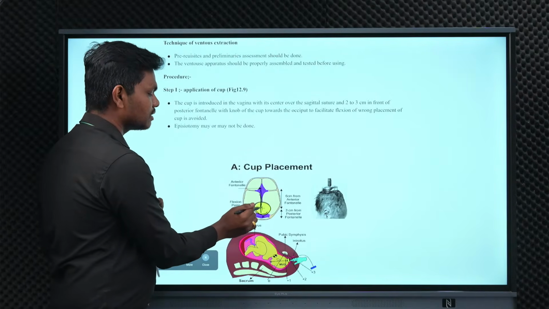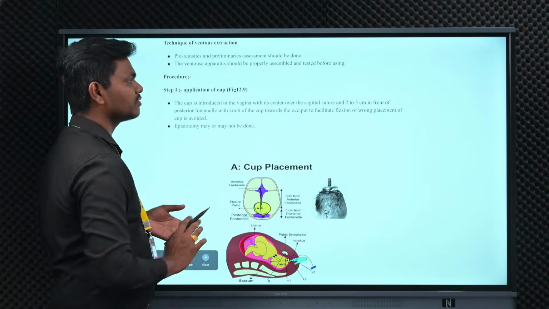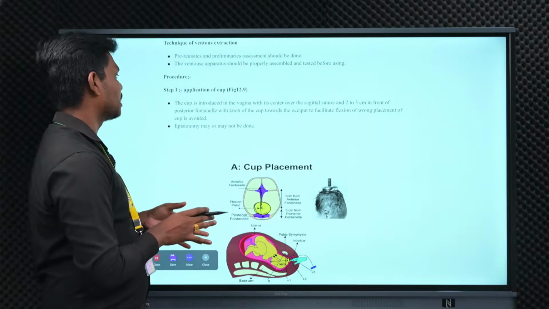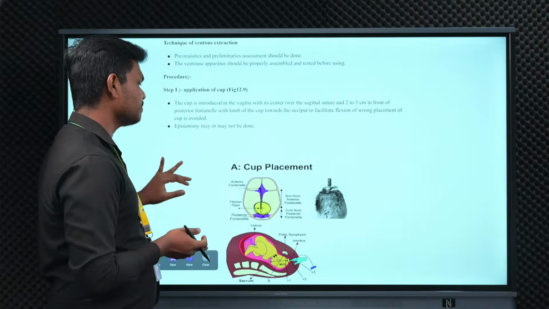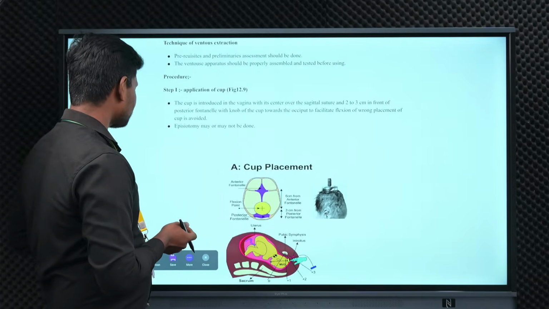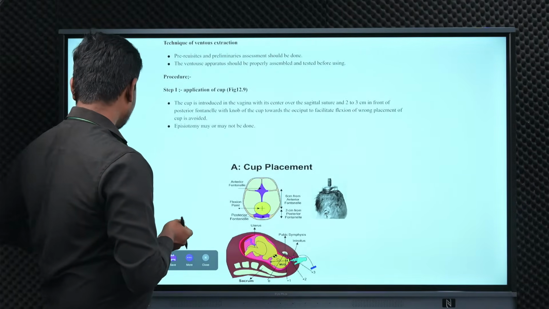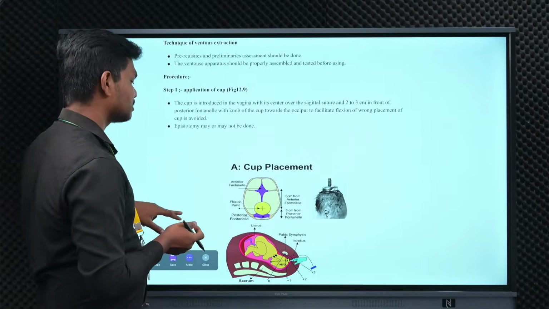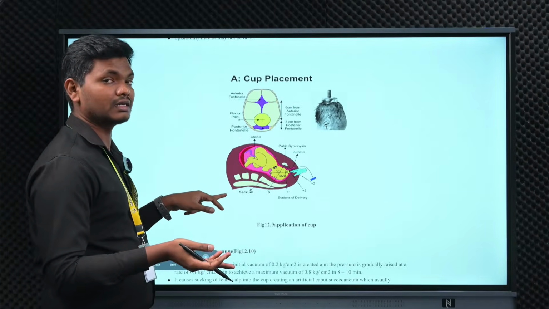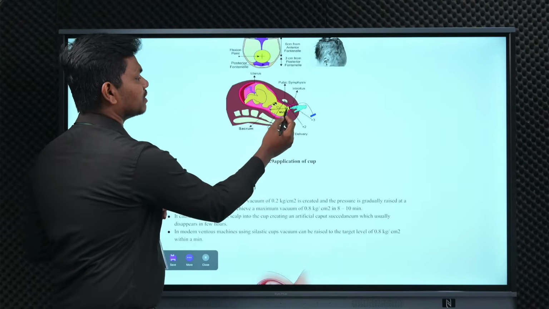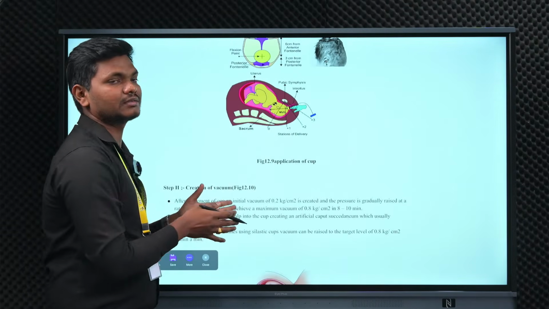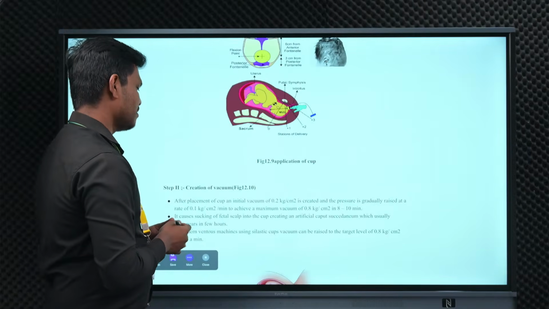This is the sagittal suture, and on the sagittal suture we place the cup. Episiotomy may or may not be performed. Mostly in a primigravida mother there is always a chance of performing an episiotomy. You can see the cup placed on the sagittal suture, and the baby is in vertex presentation.